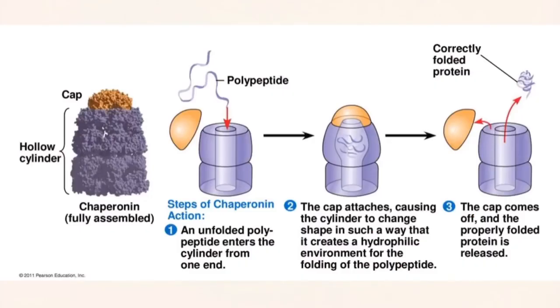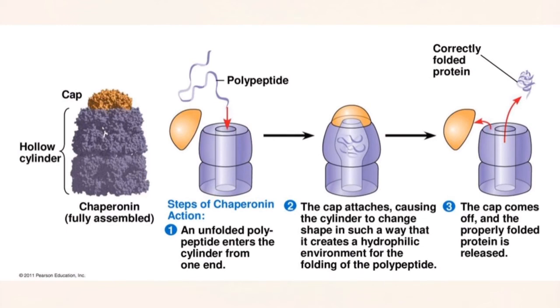Now we move on to chaperonin. Chaperonin is a protein that assists in proper folding of proteins. I said that folding changes the level of proteins, which is a very important procedure. It consists of 2 parts, cap and cylinder.